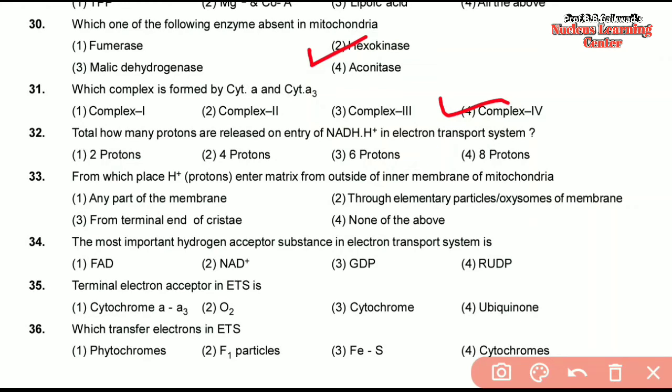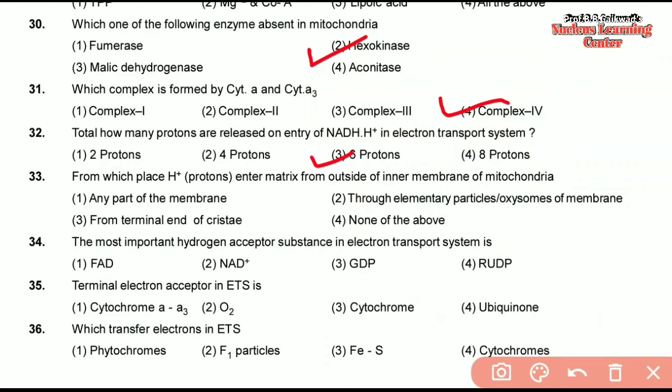Total how many protons are released on entry of NADH plus H plus in the electron transport system? The correct answer is 6 protons.